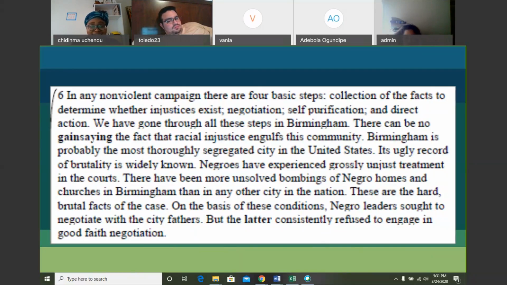These are the brutal facts of the case. On the basis of these conditions, Negro leaders sought to negotiate with the city fathers, but the latter consistently refused to engage in good faith negotiation.